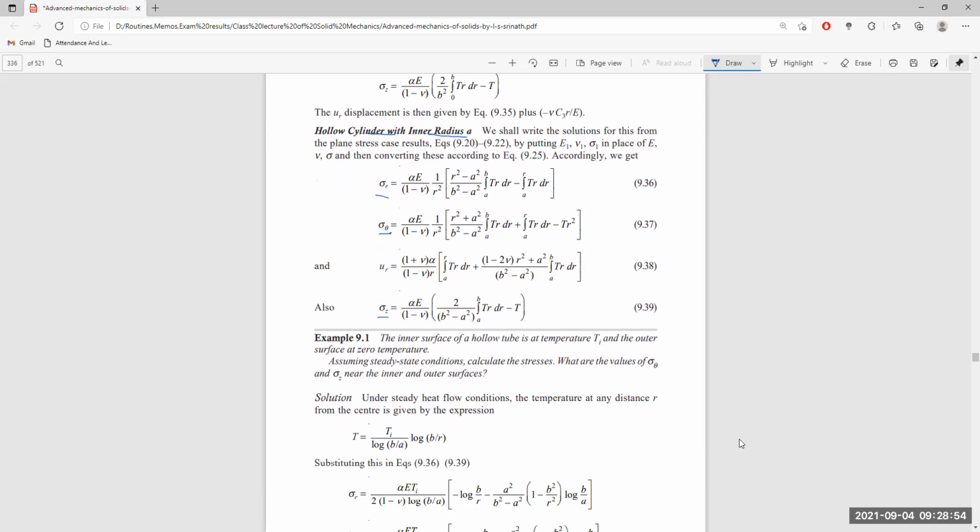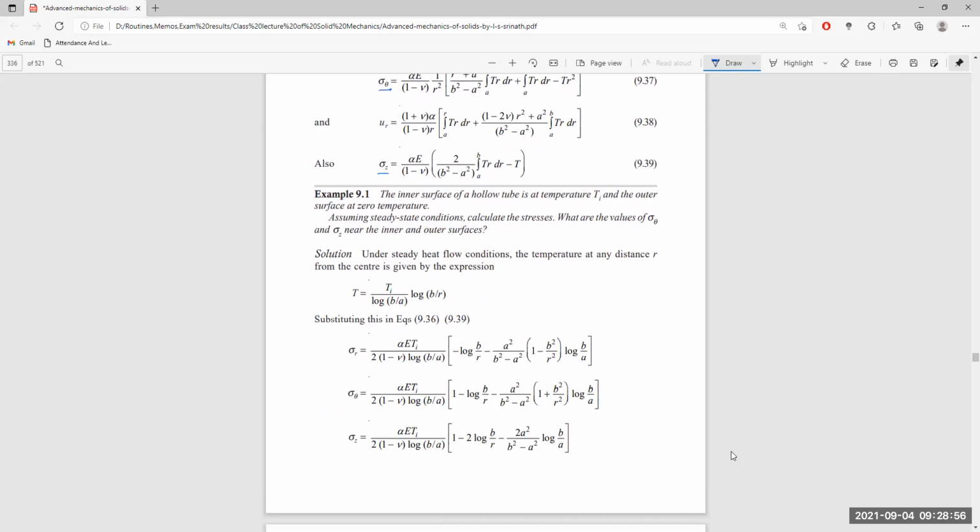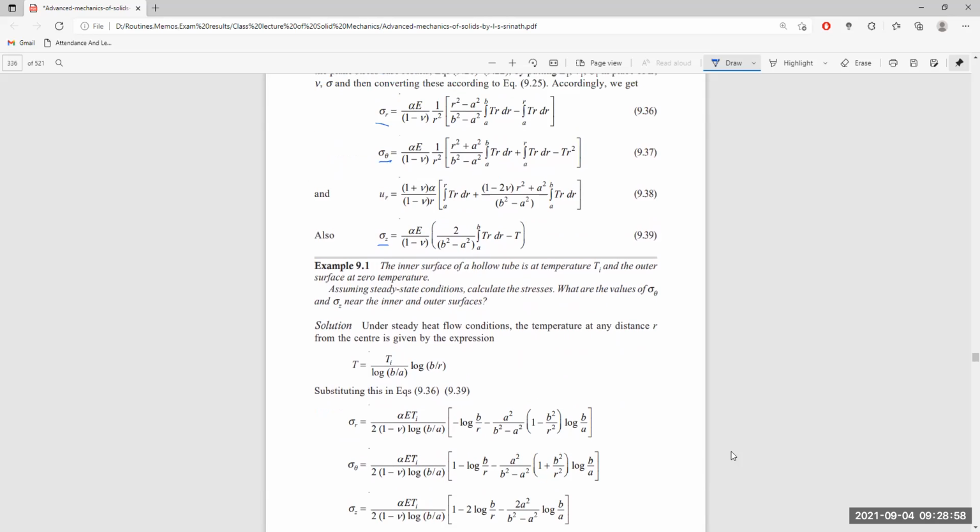Now let us go through another practical problem. What is given here? The inner surface of a circular hollow shaft is at a temperature Ti.